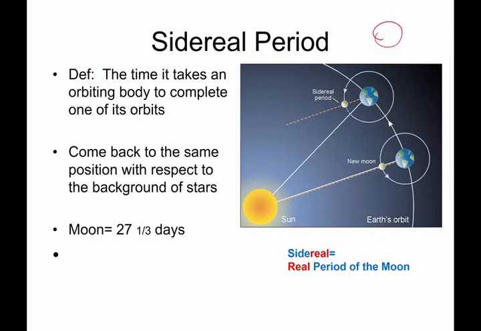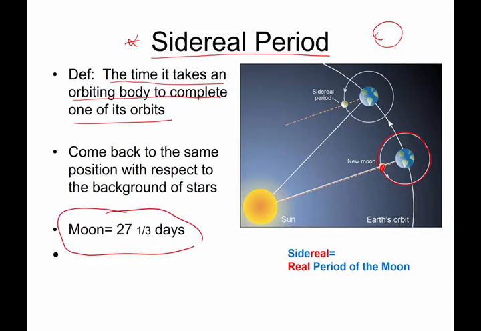There are things called sidereal and synodic periods. Let's talk about the sidereal period, and this is something you should know. A sidereal period is the time it takes an orbiting body to complete one of its orbits. So if the moon is here orbiting the Earth, 27 and a third days later, one moon month, it is in exactly the same spot.